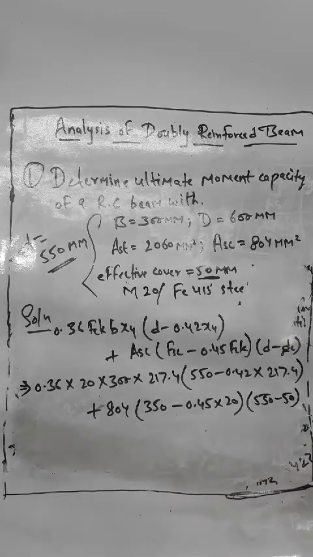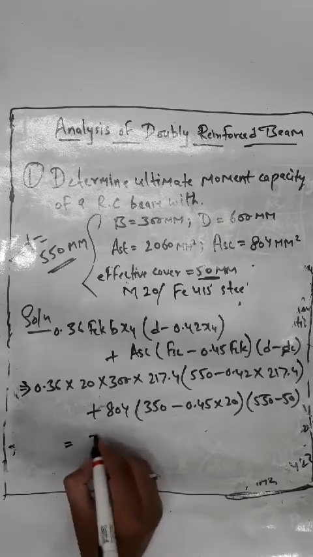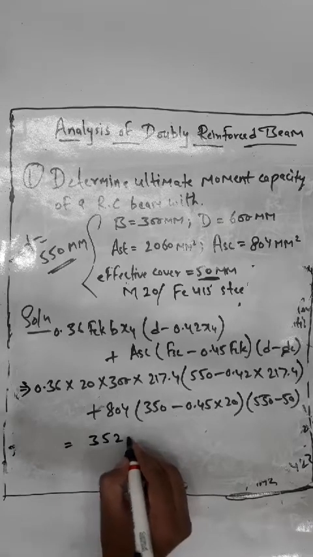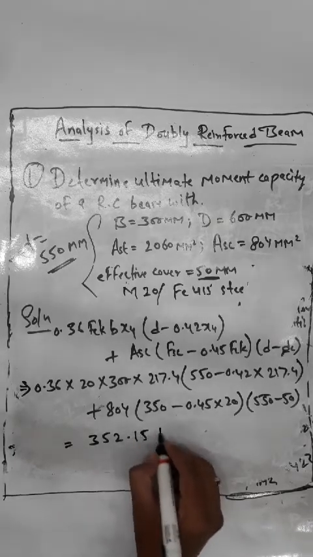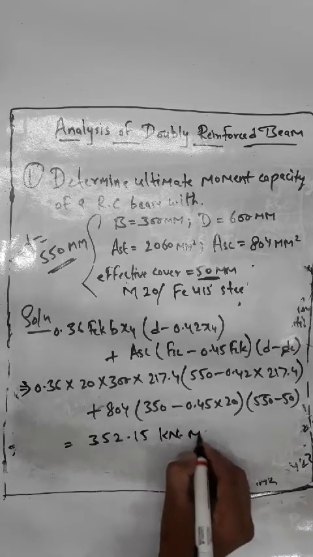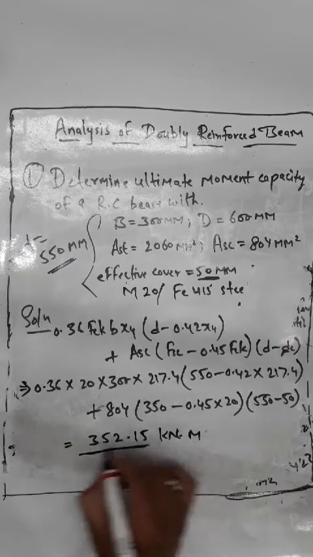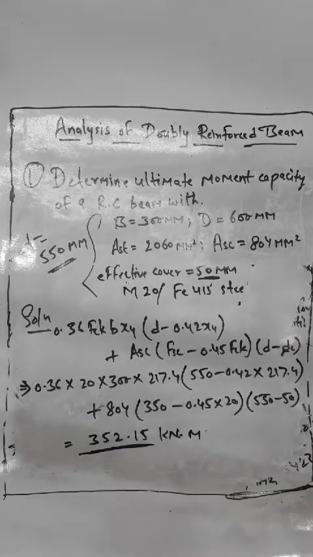So after solving this equation, here we get 352.15 kilonewton meter as the moment of resistance of this section of doubly reinforced beam.